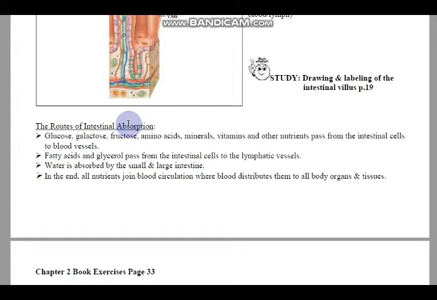They pass from the intestinal cells to the blood vessels. Meaning all the nutrients, with no exceptions, go directly to the blood from the intestinal cells, except for fatty acid and glycerol, which come from the digestion of fat, and they go to the lymphatic vessels.